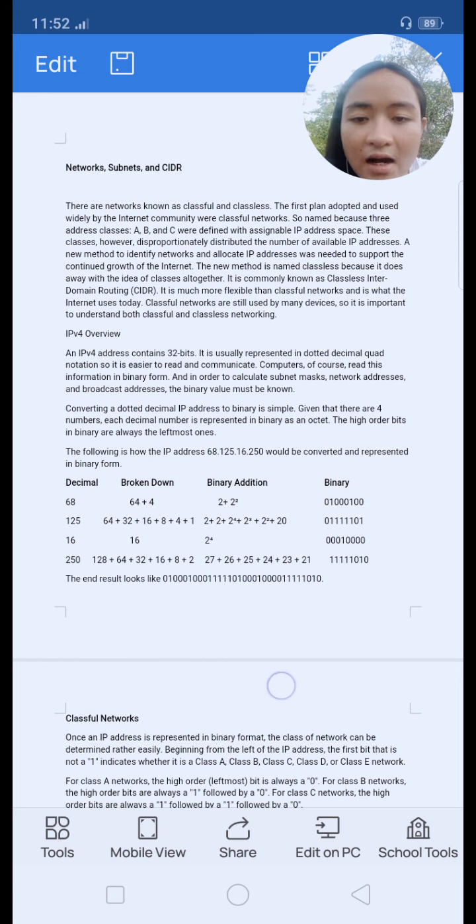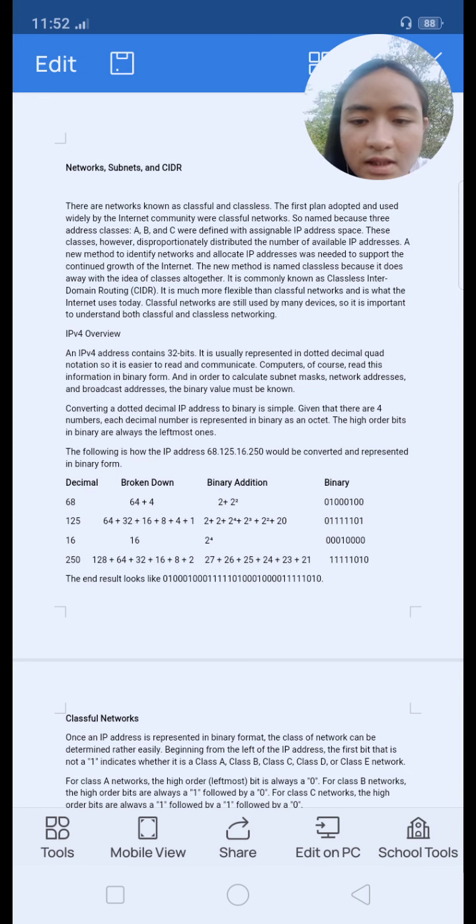The following is how IP address 68.125.16.250 will be converted and represented in binary form. So here is the example. In decimal, we have 68, 125, 16, and 250.